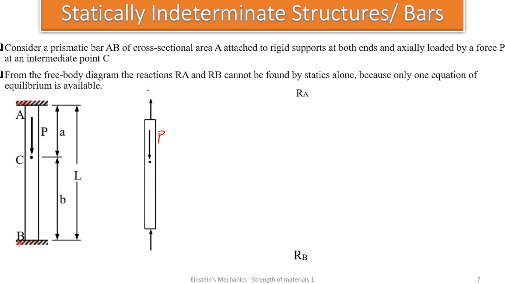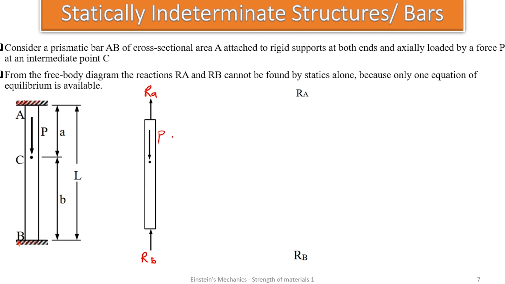So I can call this my RA, and the reaction at B my RB. The lengths are there. So there are two unknowns here: the reaction at A and the reaction at B. P will be given to us so that we know the force induced in the material.